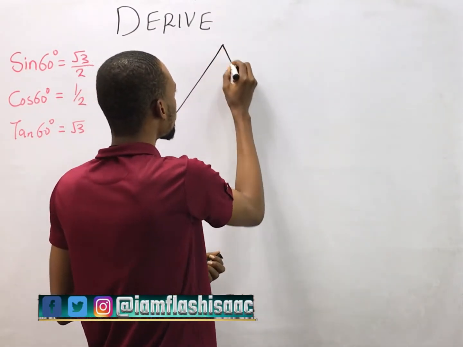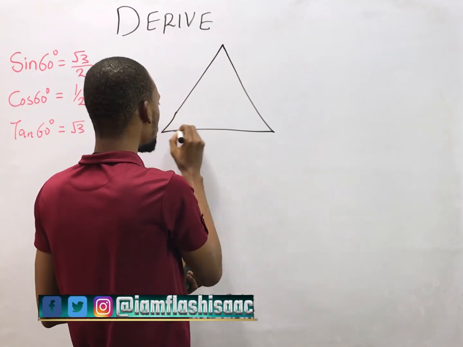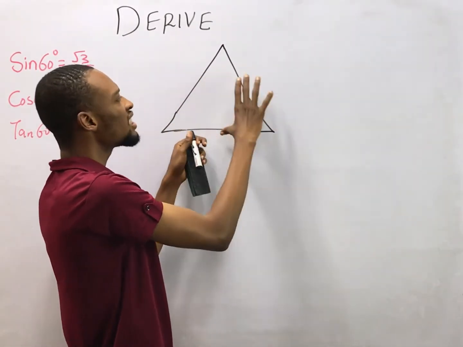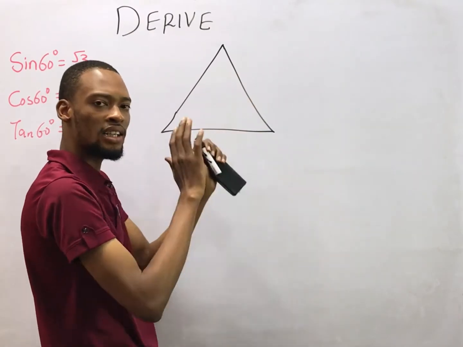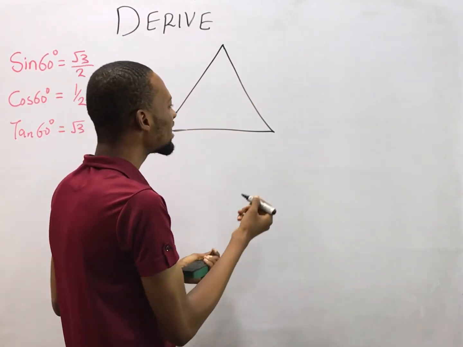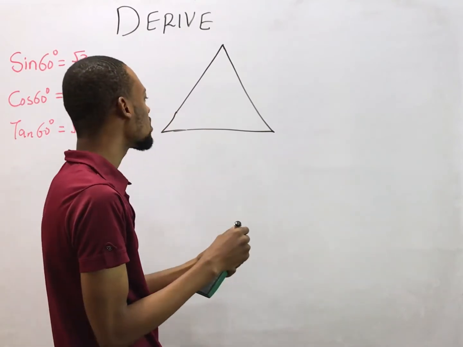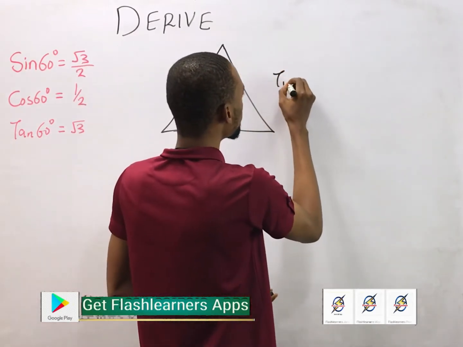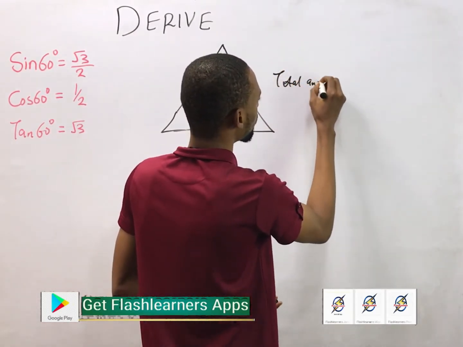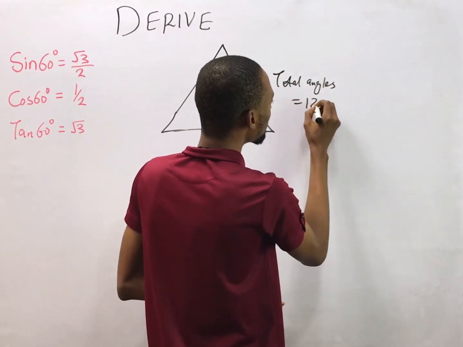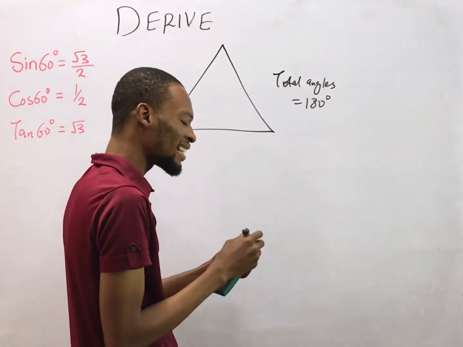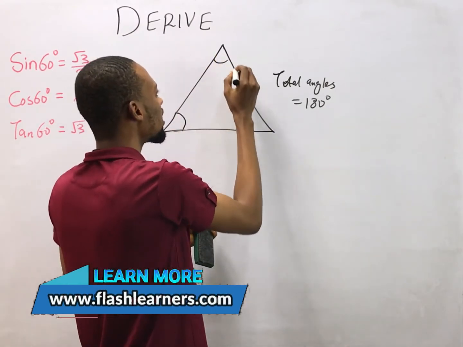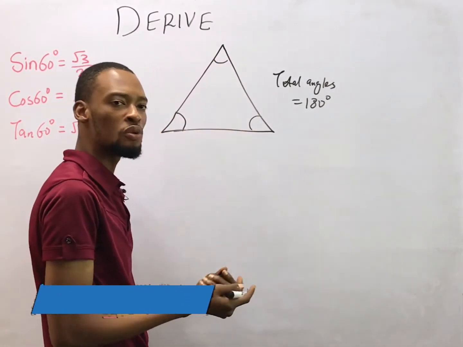Given the equilateral triangle, which implies that in this triangle, all the sides and angles are equal. And the total angle in a triangle is 180 degrees. If the sum of angles is equal to 180 degrees, and it has 3 angles here, here, and here, what would one angle be?